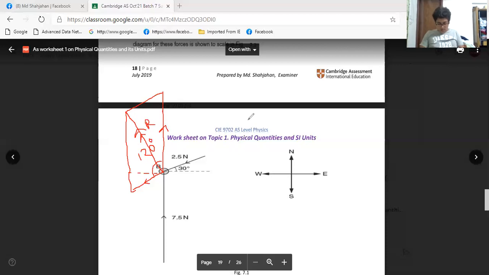Now we have to find the magnitude of the resultant. Like before, you will use a ruler to find it. For example, this length is 6 centimeter. And if it is 6 centimeter, this one should be 2 centimeter.